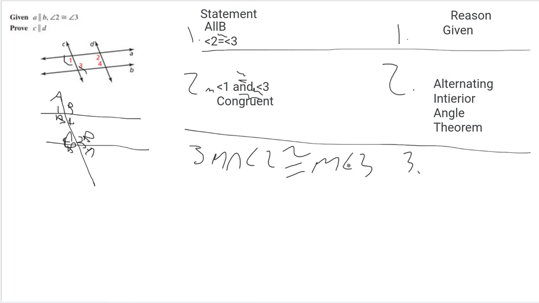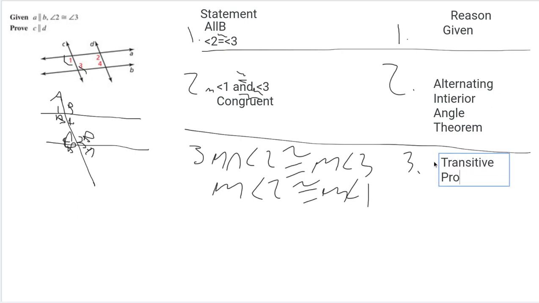So if 2 and 3 are the same, the measure of angle 2 is congruent to the measure of angle 1, because 1 and 3 are congruent. My rationale for that is the transitive property. If 2 is equal to 3 and 3 is equal to 1, then 2 is equal to 1.